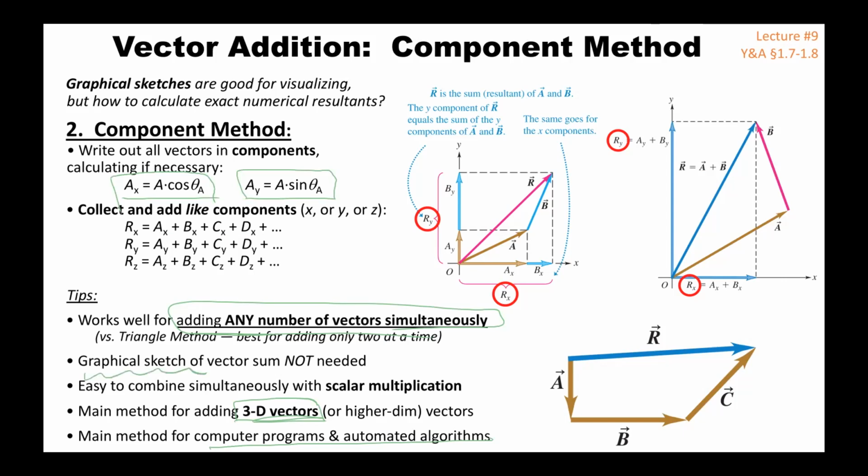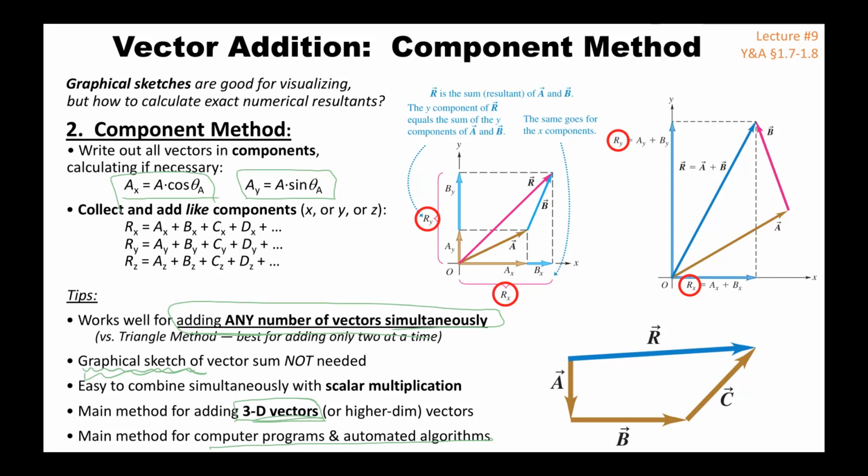We don't need to create a graphical sketch to know what the sum is going to look like, especially if we're adding a whole bunch of vectors and they're all at strange angles. This method will get us to the answer even if we don't have a sketch to use for a sanity check at the end.